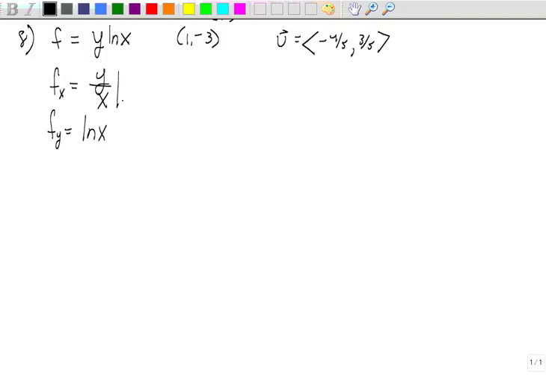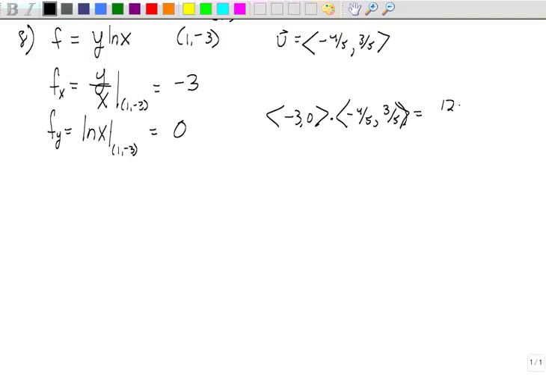So evaluated at 1, negative 3, this is going to be negative 3 over 1, and this is going to be ln of 1, which is 0. So we have negative 3, 0 dotted with u, which is going to be 12/5.